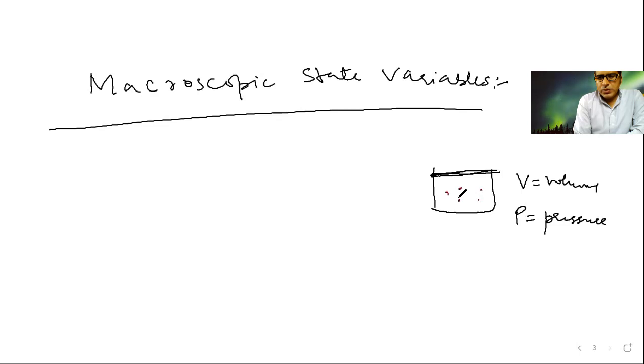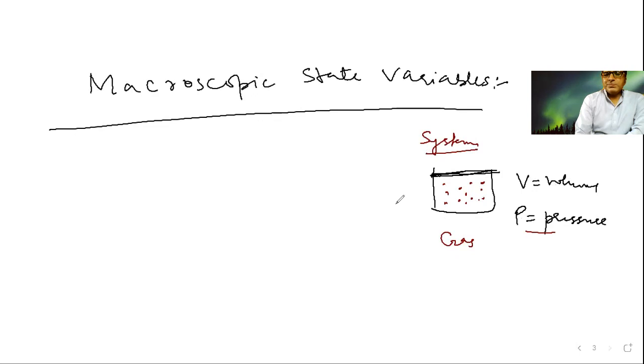Let these be gas molecules. So I have a gas, can be any gas, with some mass, kept at certain volume V and kept at pressure P. I want to study this system.